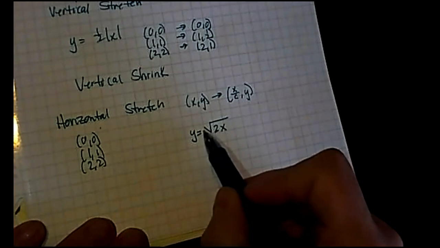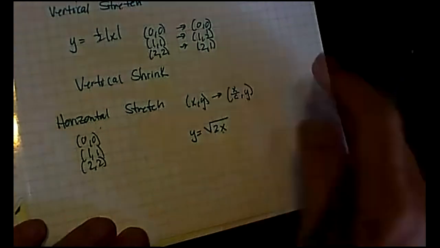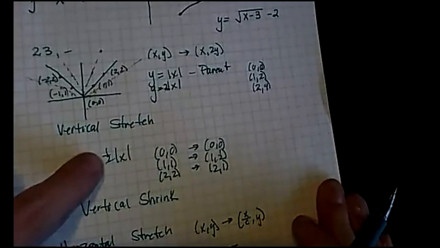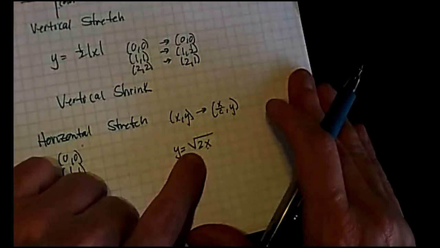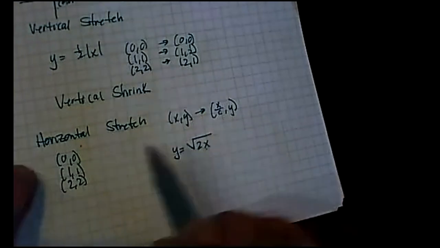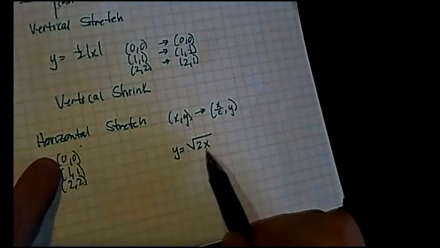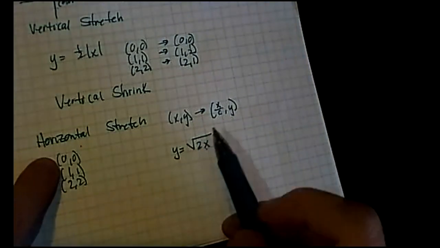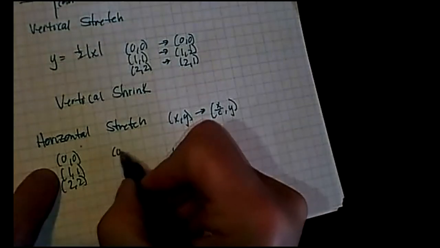Inside here, it's horizontal. Notice when I write it on the outside, that means vertical. On the inside is horizontal. So if I want to do a horizontal here, I'm going to divide all of my x values by whatever this is. So 0 divided by 2 would be 0.